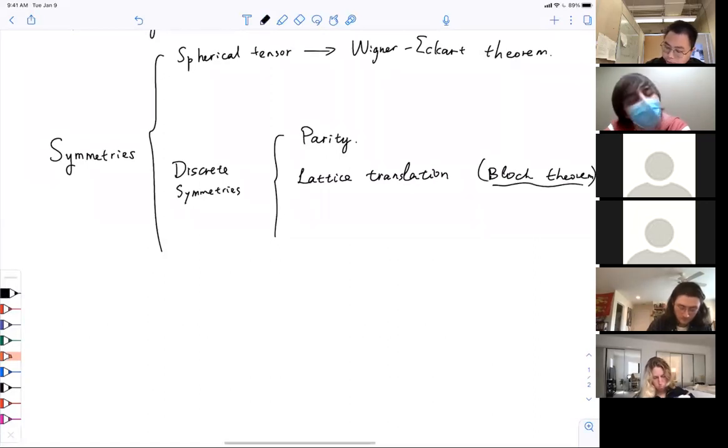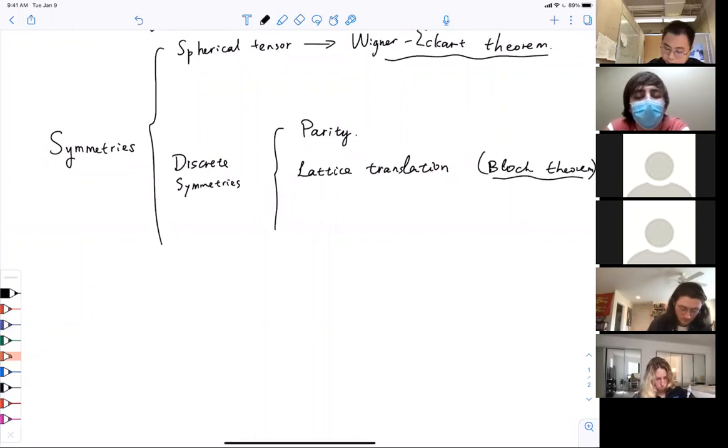This theorem and also this theorem are all results from group theory. And another discrete symmetry is time reversal, right? How wave functions or how operators transform under time reversal. That's what you need to know.